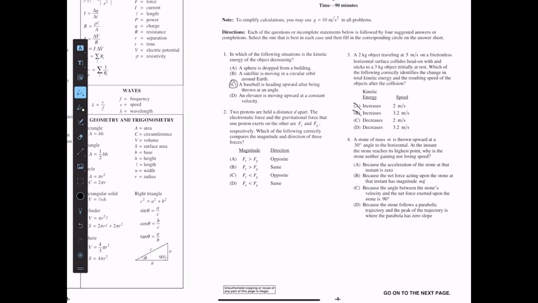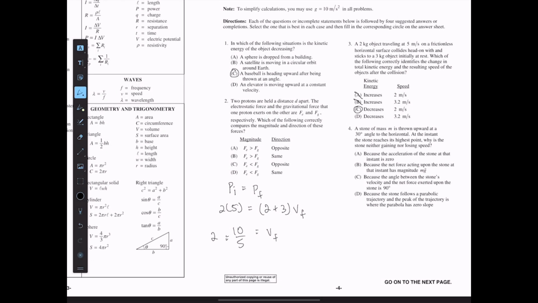For the speed, momentum initial equals momentum final. The initial momentum is 2 times 5. The final momentum is 2 plus 3 times v final. V final is 10 divided by 5, which is 2. So C is the answer.